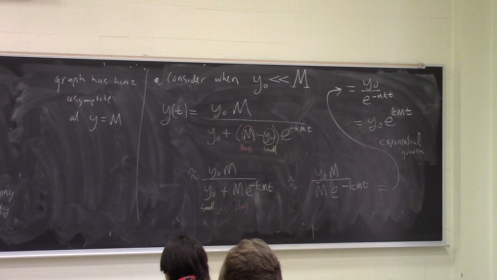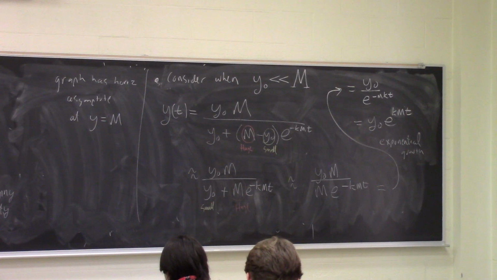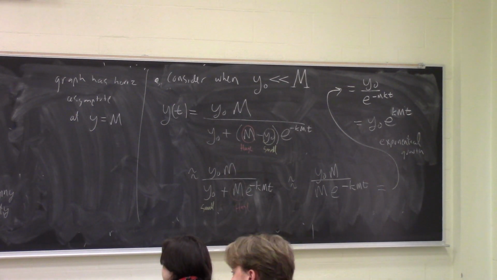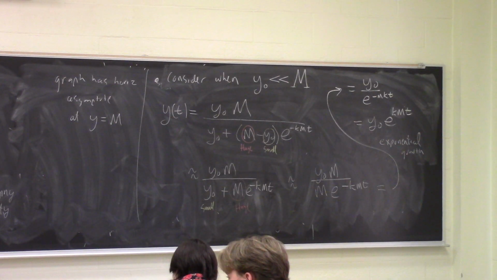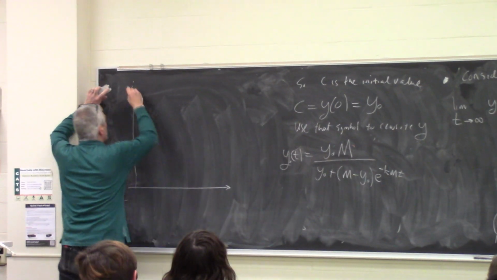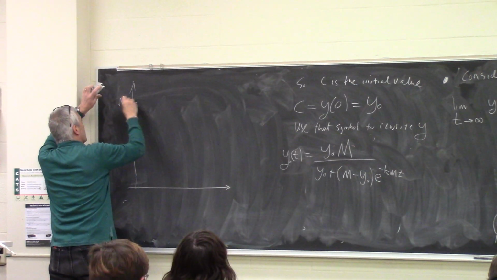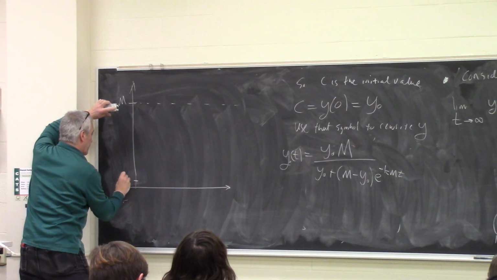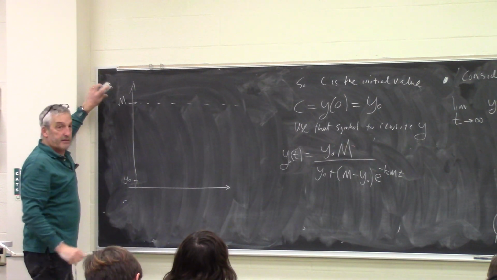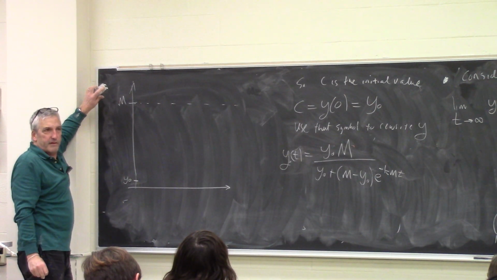So let me go back and draw this again. Remember the example where we have a carrying capacity that's way up here and an initial population that's way down here. And I said, okay, it's got to grow, but I didn't really know, and there are lots of ways it can grow.